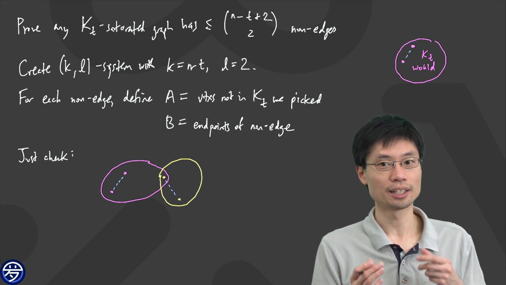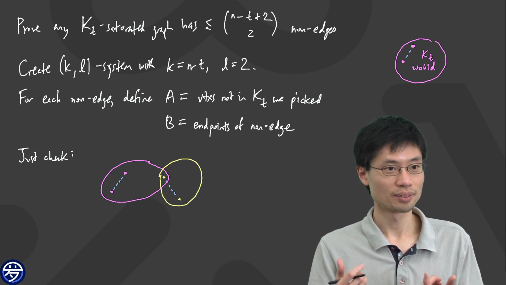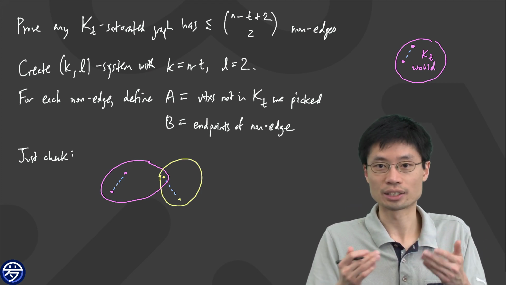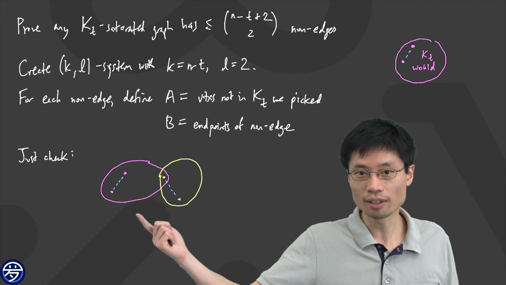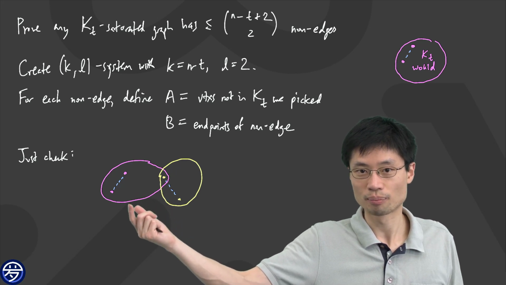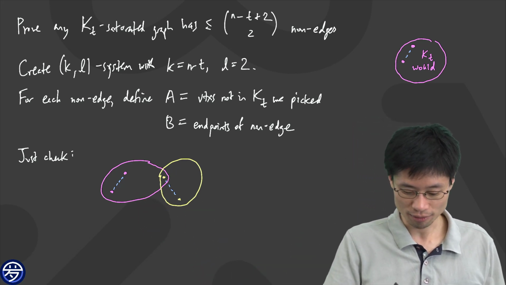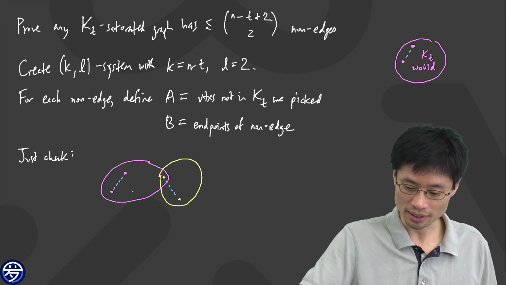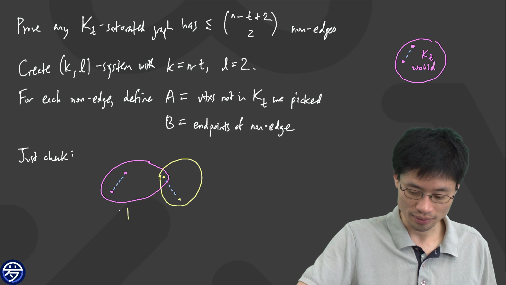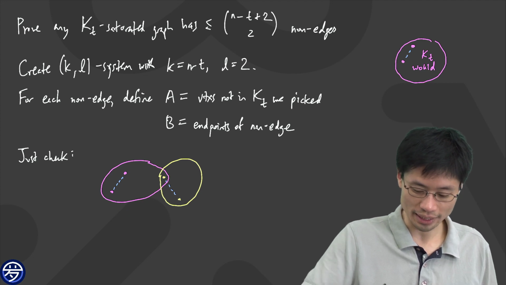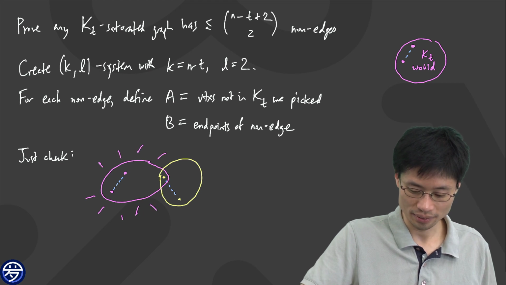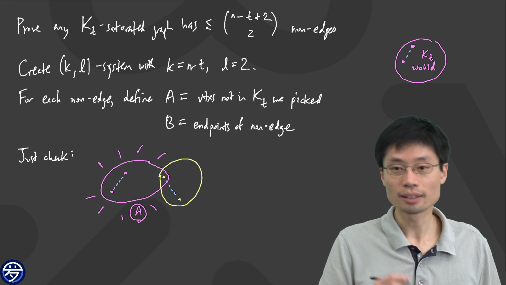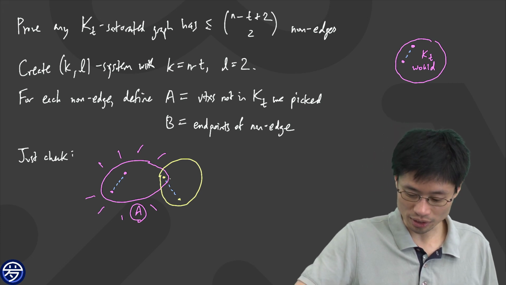I need to check that the A intersects the B. Because of symmetry, I can just take the A for the pinkish purple thing and the B for the yellow thing. The A for the pinkish purple thing is everything outside. This part is the A. And the B for the yellow thing is actually just these two vertices.